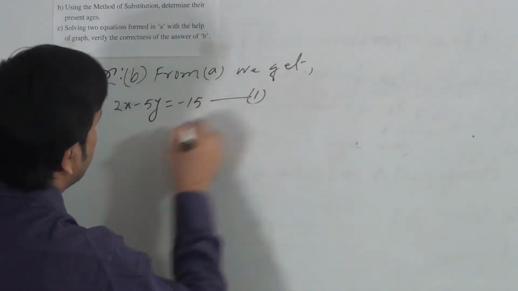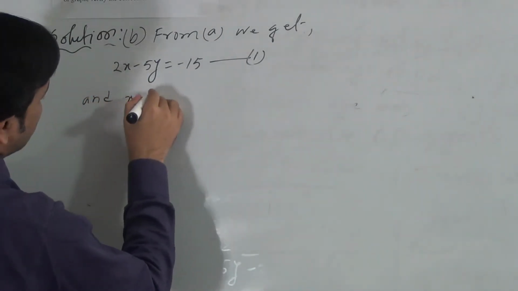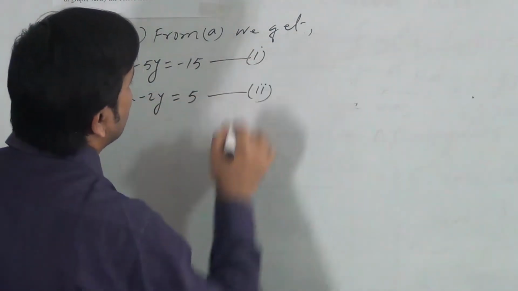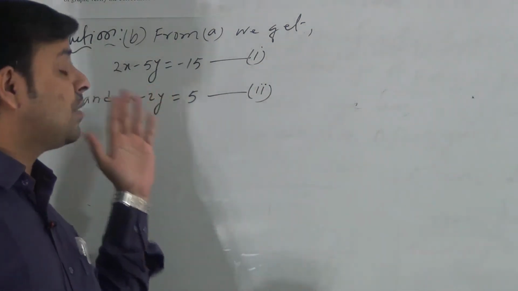This is equation 1. And second equation is x minus 2y equal to 5. This is equation 2. Now I have to solve these two equations using the method of substitution.